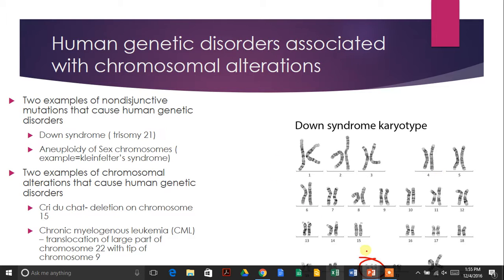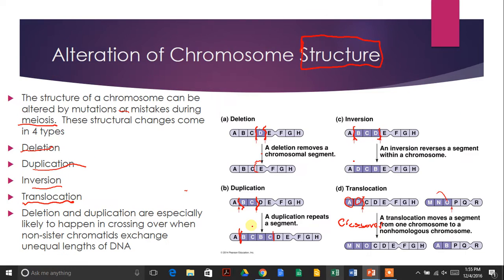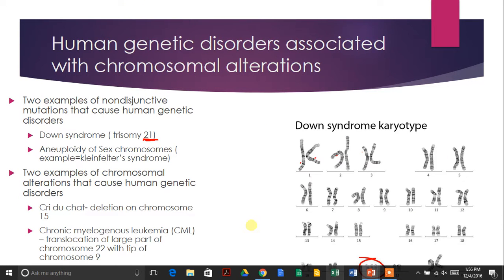But down here is a karyotype of someone with Down syndrome, and they have 2 copies of every chromosome, except down here they have 3 copies of the 21st chromosome. That is what causes Down syndrome. They have 3 copies of the 21st chromosome because a non-disjunctive event happened, in either meiosis 2 or 1, and there was a gamete that eventually fertilized the egg cell, or in the egg cell itself, and it had one too many chromosomes. Now, one too many was the 21st chromosome.